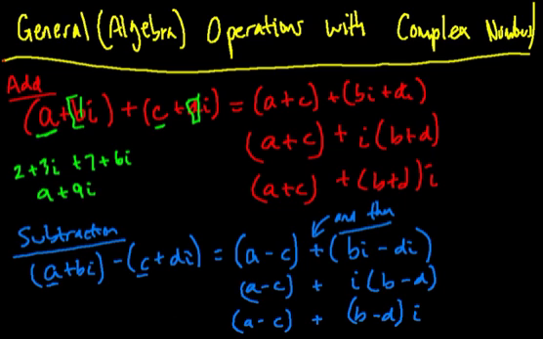So if we had, for example, 5 plus 2i minus 6 plus 8i, our formula here tells us you do 5 minus 6 to get negative 1, and then 2 minus 8 to get minus 6i. And you could think of that as negative 1 minus 6i, or negative 1 plus a negative 6i, which is kind of how we wrote it here.